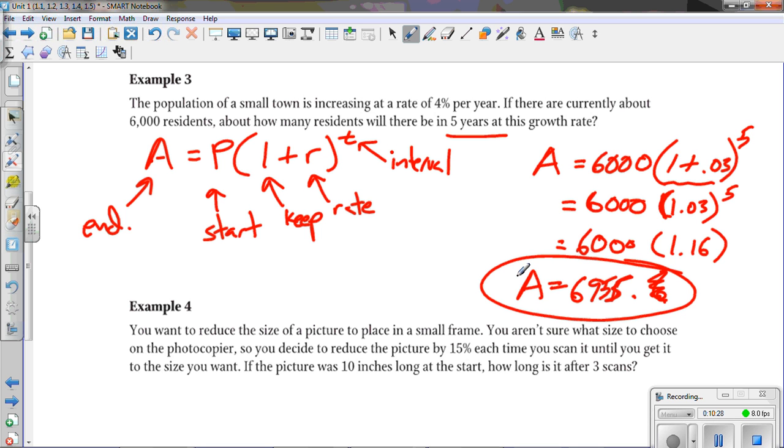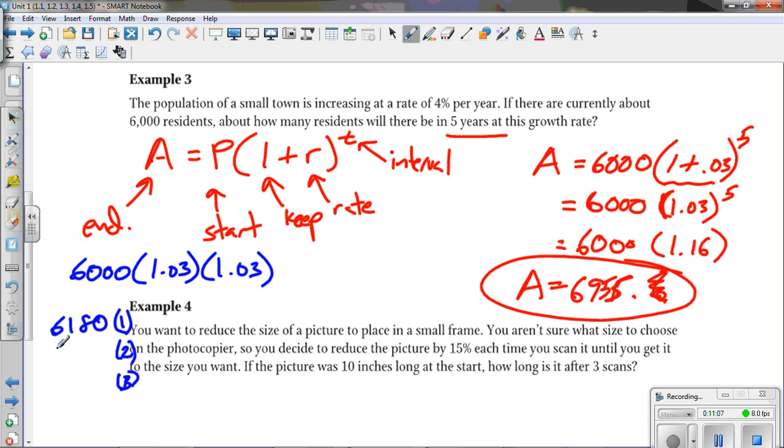Okay, and so the way it looks is, let me write out what happened. We started with 6,000 people, and then we multiplied it by 1.03. So when we get that, I'm just going to do that on my calculator. We get 6,180 after 1 year. After 2 years, we take that number, 6,180, and we multiply it by 1.03 again. Let's use my calculator. So we multiply it by another 1.03.